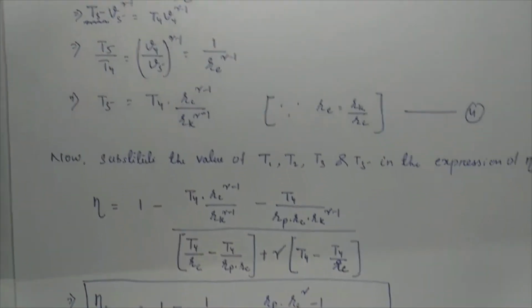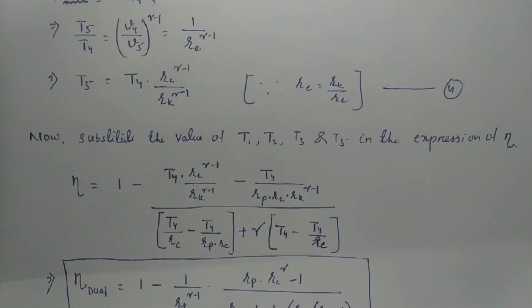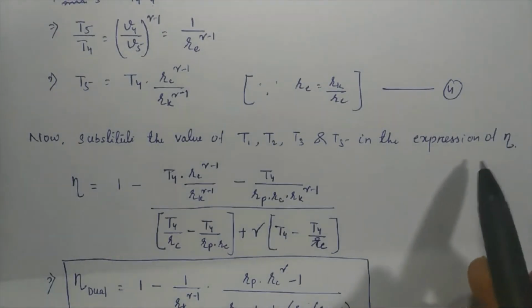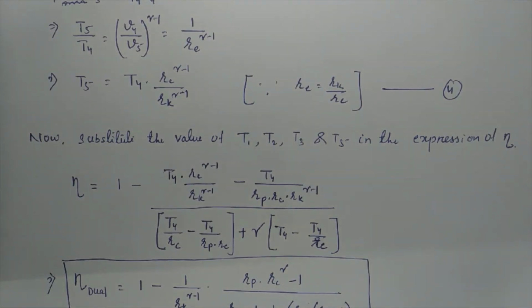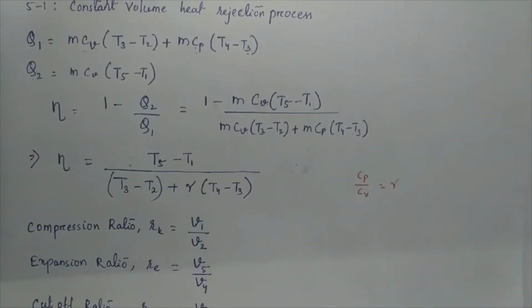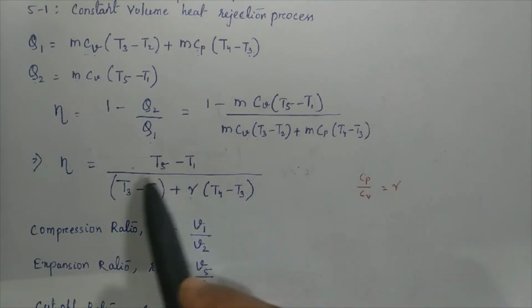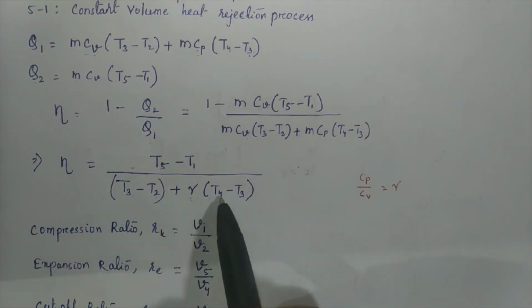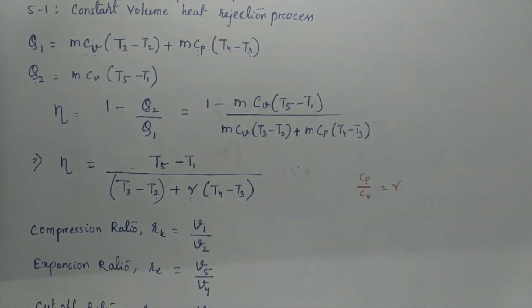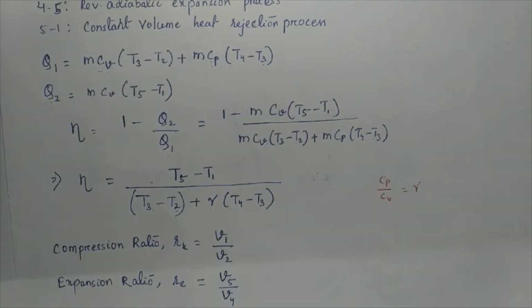Now substitute the values of T1, T2, T3 and T5 in the expression of efficiency, which we discussed previously: T5 by T1 minus 1 by T3 minus T2 plus gamma into T4 minus T3.